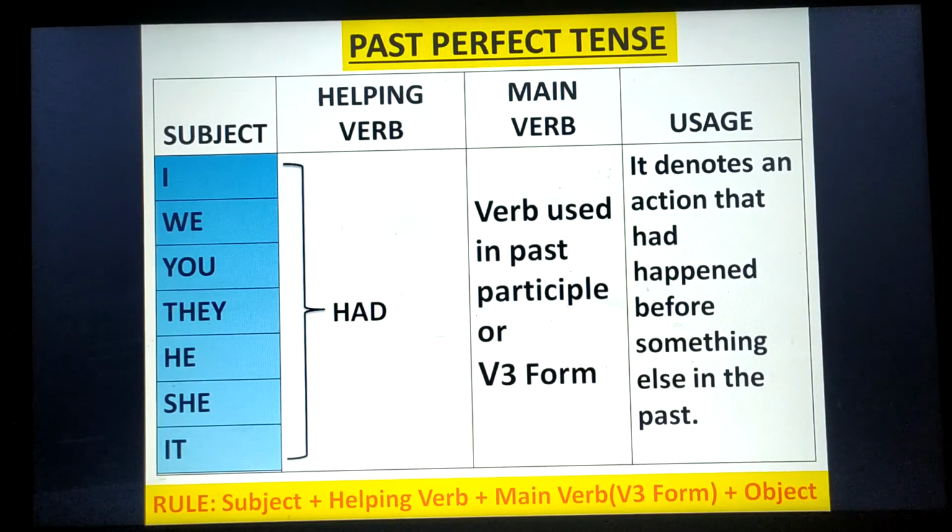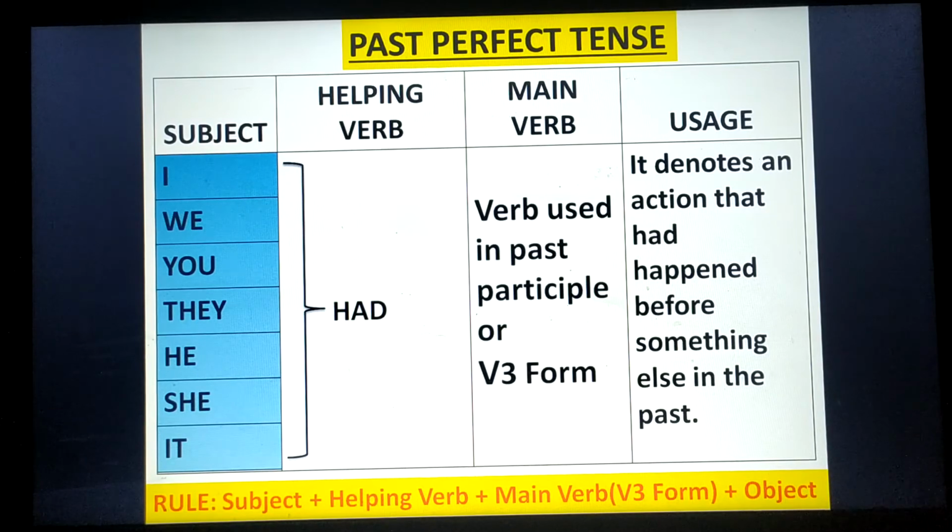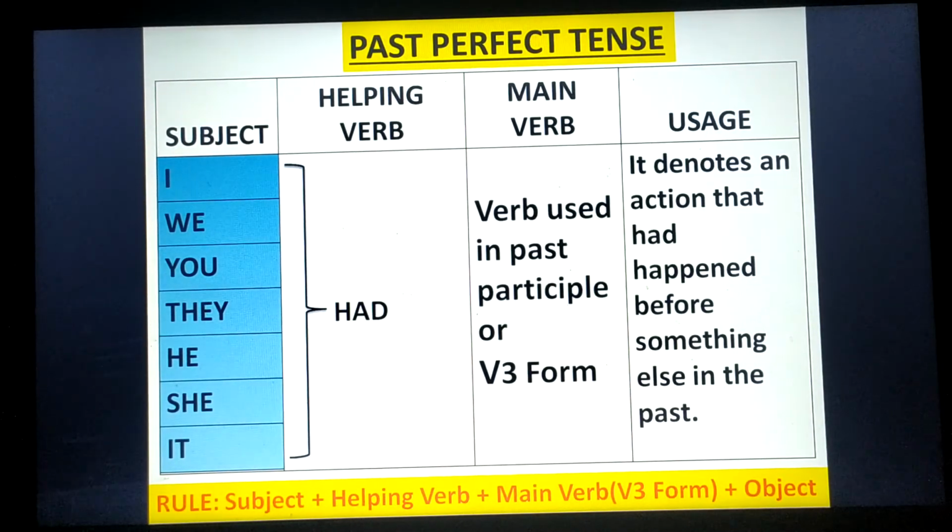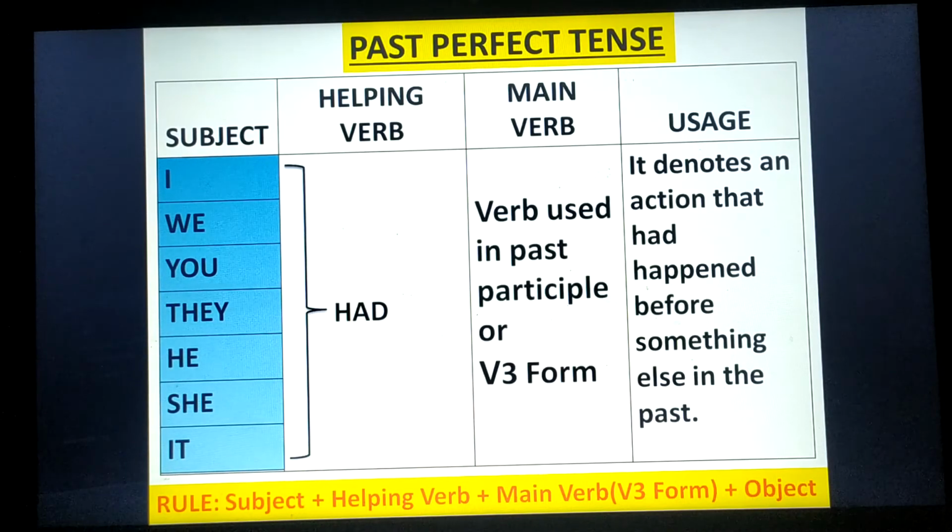Next we have past perfect tense. If we look at past perfect tense, first of all we have to look at its uses, right? We use it to show the action that had happened before some time in the past, right?